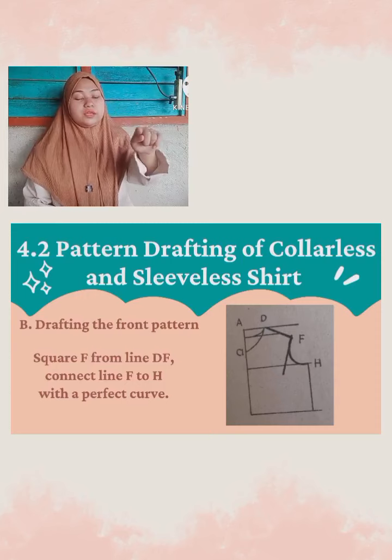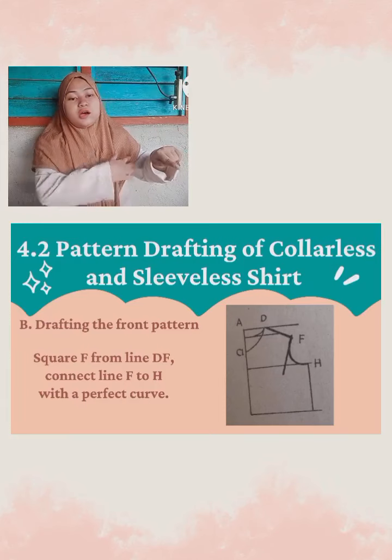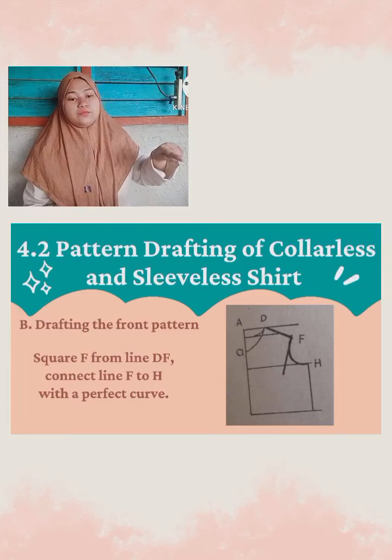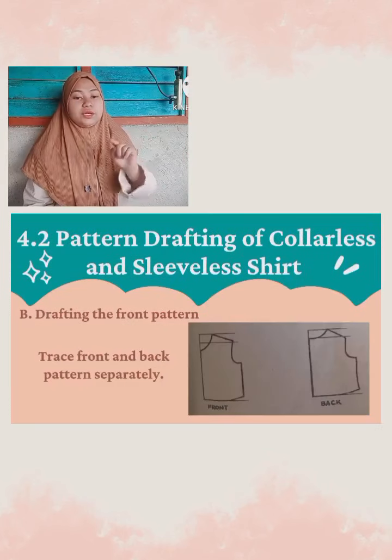So DF, D and F. Then connect line F to H. Since it is a curve here, because this is H, then this is F, with a curve, which is the armhole. Okay. Then trace the front and back patterns separately.